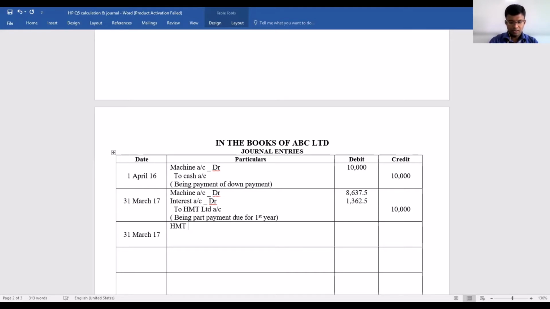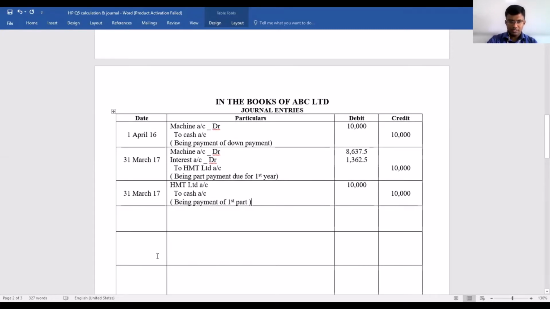So HMT Limited account, rupees 10,000, to cash account 10,000. Let's write the narration. Being payment of first part. So we have completed this.